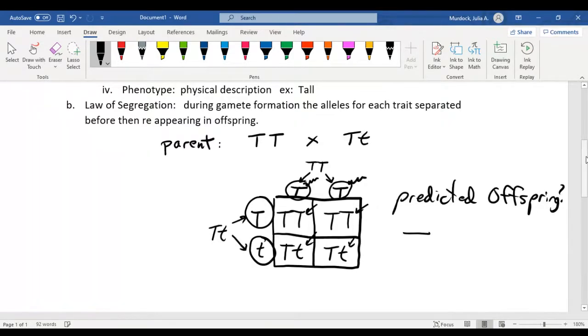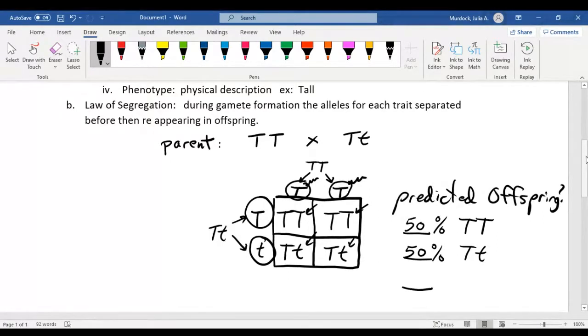So what is the percentage of these guys who are going to be big T, big T? 50%, very good. And what about the percentage of heterozygous offspring? Again, 50%, very good.